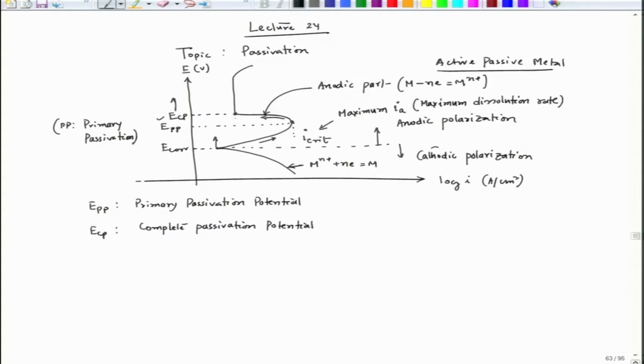And the corresponding I value we call I P, or I passive. There are several names, so we will just put it as I P. I P is the passive current density, and of course I critical is the critical current density.